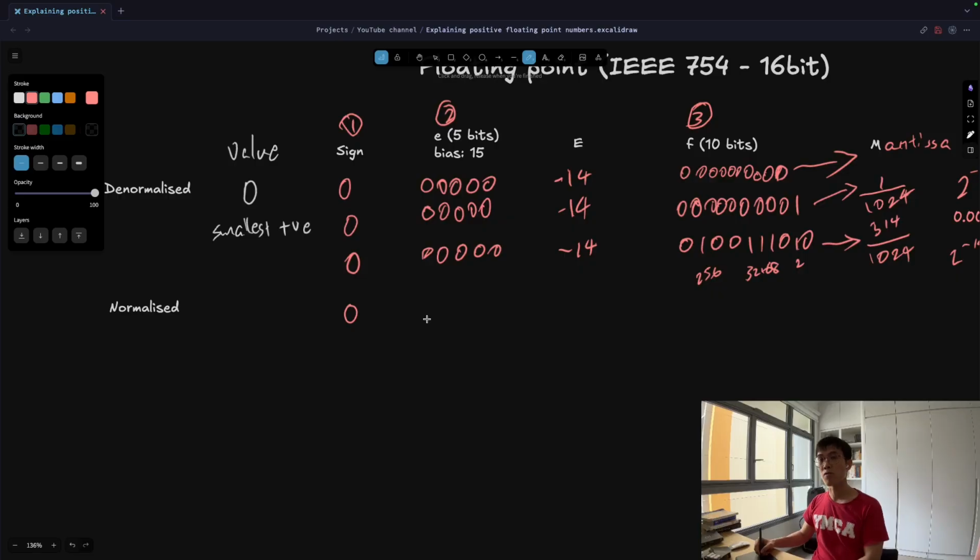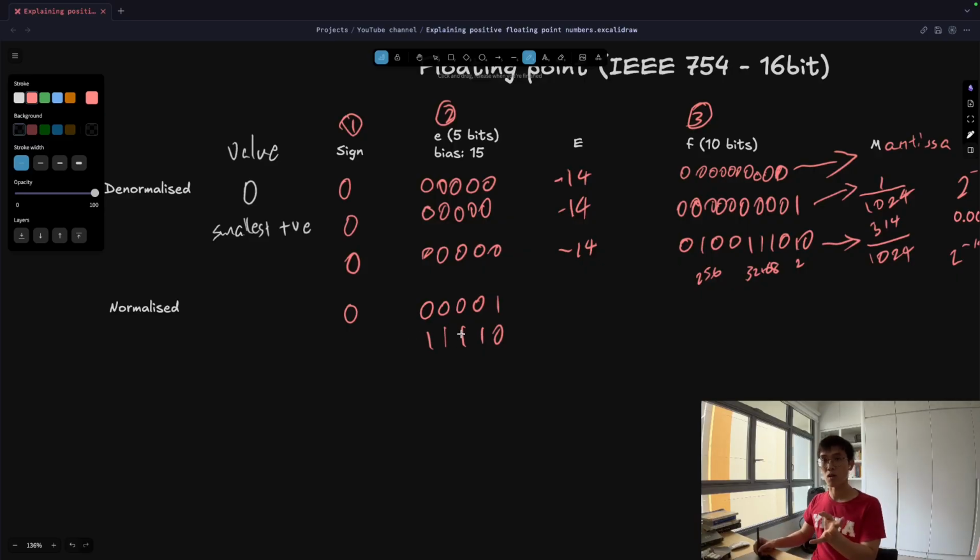But for normalized values, the value of E is between 0, 0, 0, 0, 1 and 1, 1, 1, 1, 0. If the last number is a 1, then the way this floating point number is interpreted is again different.